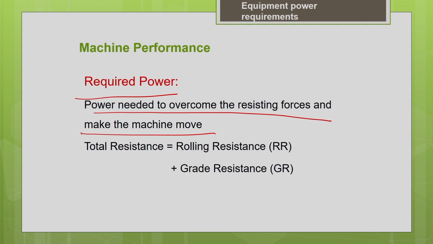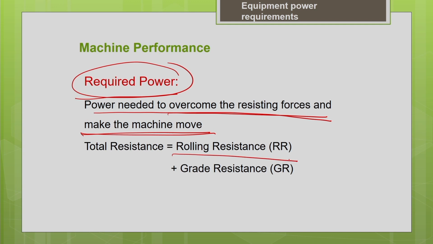So you should select the machine with sufficient power so that it can overcome the resisting forces in the underfoot conditions. That is what we are going to see: how to determine the required power of the particular machine. It is basically the power needed to overcome the resisting forces at the project site and make the machine move. What are the different types of resistances the machine is going to encounter? That is what we are going to see.